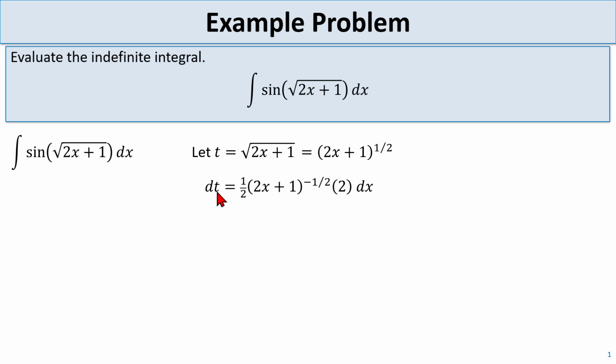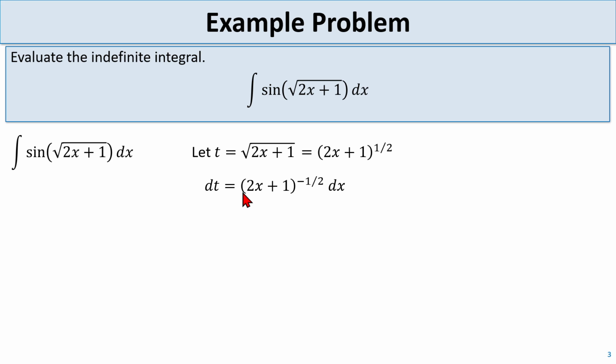So now we have a relationship between our differentials dt and dx. We can simplify this expression because there's a 1/2 multiplying a factor of 2. So those are just going to cancel. Now I want to solve for dx because I'm going to replace this dx with whatever expression I get.